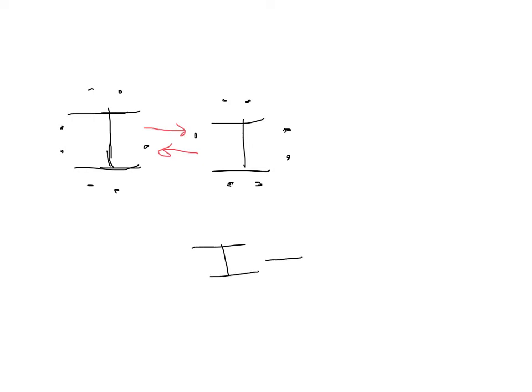So instead of drawing the 2 dots in between the iodines, we're actually going to draw that as a dashed line connecting it. So this is representing those same 2 electrons, and then we will have the other pairs of electrons that are non-bonding. So we'll call those non-bonding pairs. You can call them unshared pairs, anything along those lines. We may refer to those non-bonding electrons that belong just to one atom.